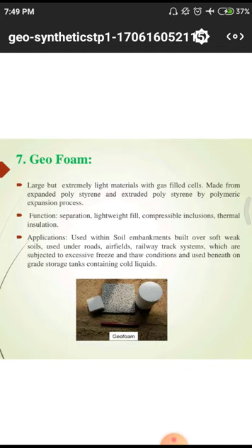And separation means they have to be utilized in different layers. As for the applications, they are used within soil embankments, and they have to be built over soft or weak soils. They need to be used in different structures under roads, airfields, and railway track systems, which are subjected to freeze and thaw conditions.